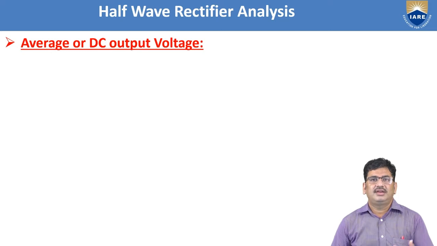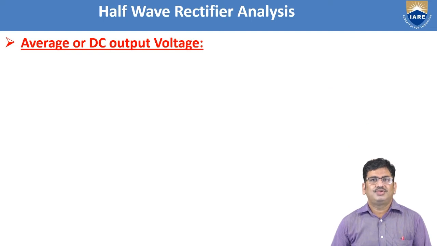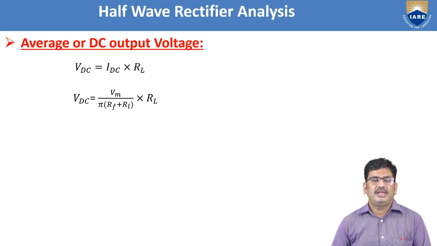Earlier we derived the expression for IDC as Im by pi, or Vm by pi into Rf plus RL. Substituting the value of IDC, you will get VDC is equivalent to Vm divided by pi into Rf plus RL, into RL.